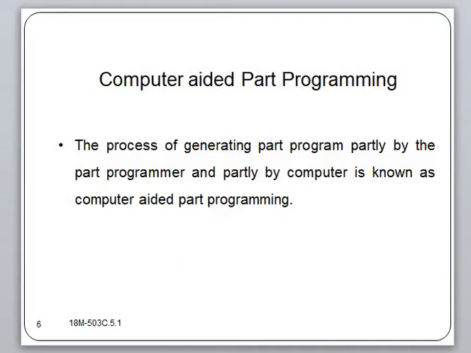There are various programming languages developed in recent times, such as Automatically Programmed Tools (APT), AutoSpot, ADAPT, Compact II, and Split. These are used for writing a computer program which has English-like statements.